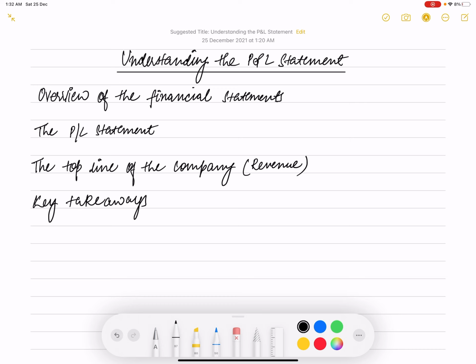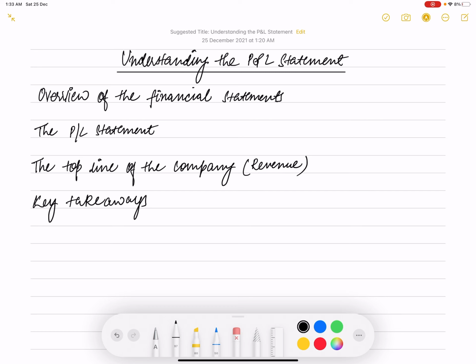The P&L statement is an estimate, as the company can revise the numbers at a later point. Also, by default, the company publishes data for the current year and the previous year side by side. The revenue side of the P&L is called the top line of the company. Revenue from operations is the main source of revenue for the company.